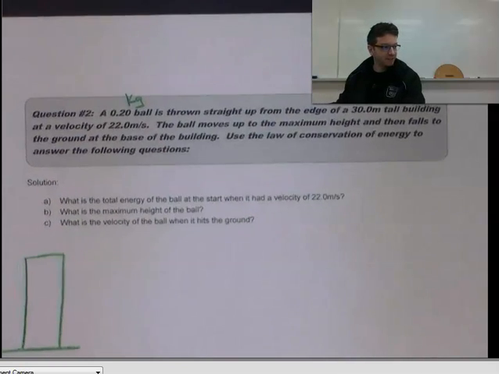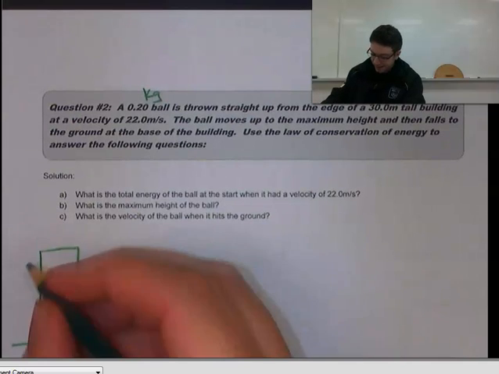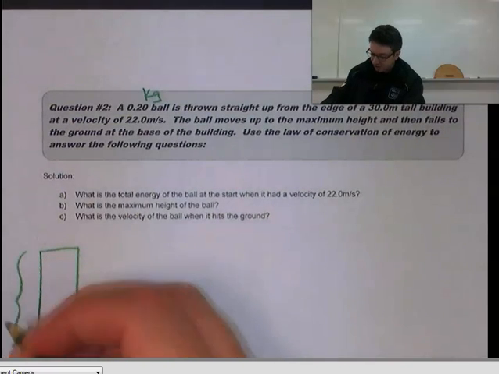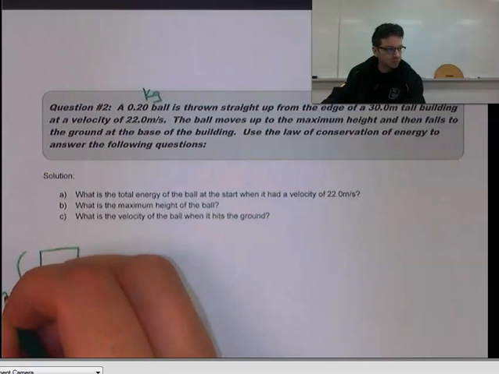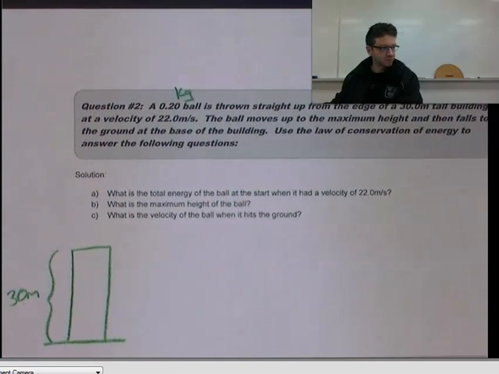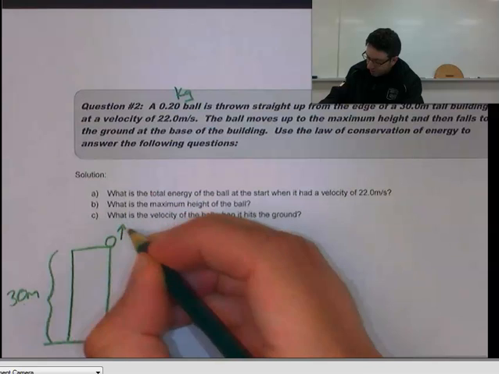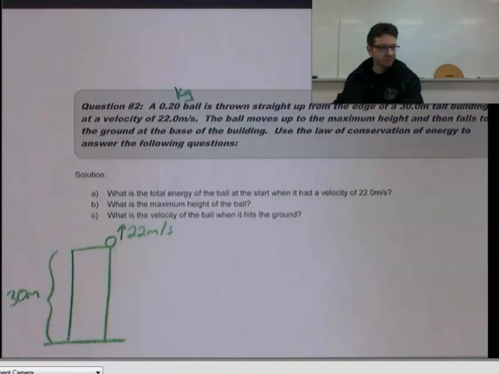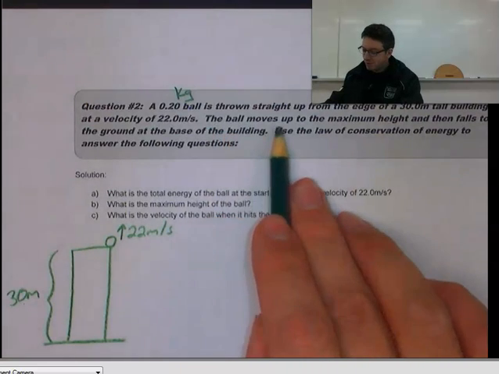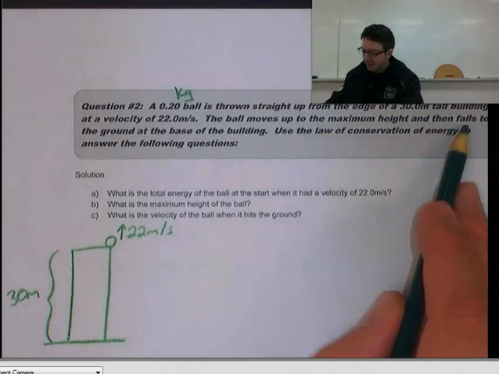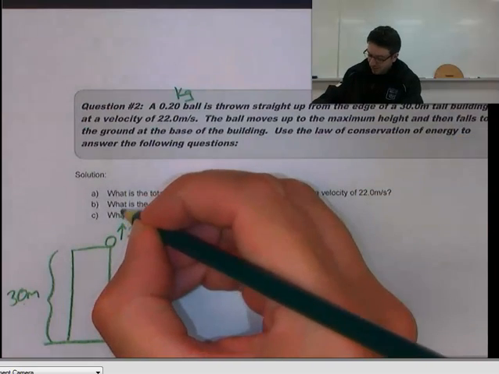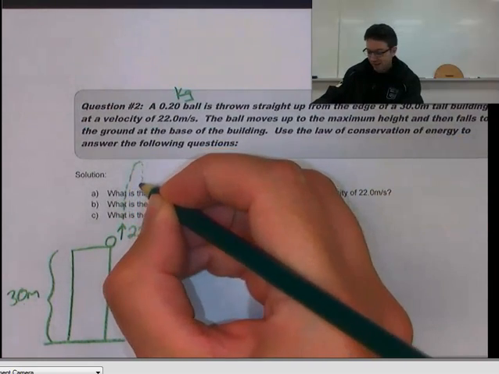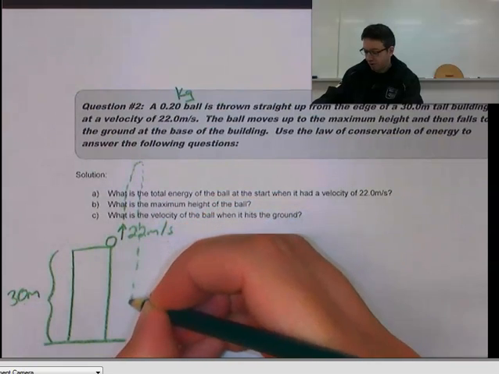So here we have a building, 30 meters tall, and a ball that we throw up at 22 meters per second. The ball moves up to a maximum height and then falls all the way back to the ground.